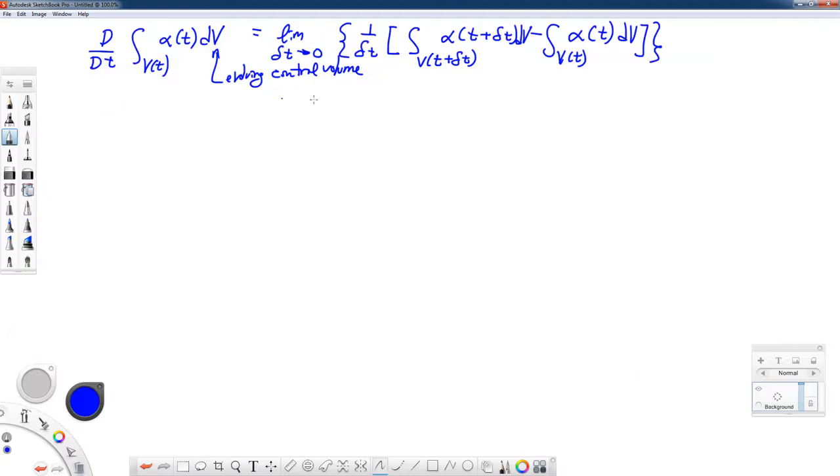And that's just by the definition of a derivative. And here, again, alpha is any field variable.